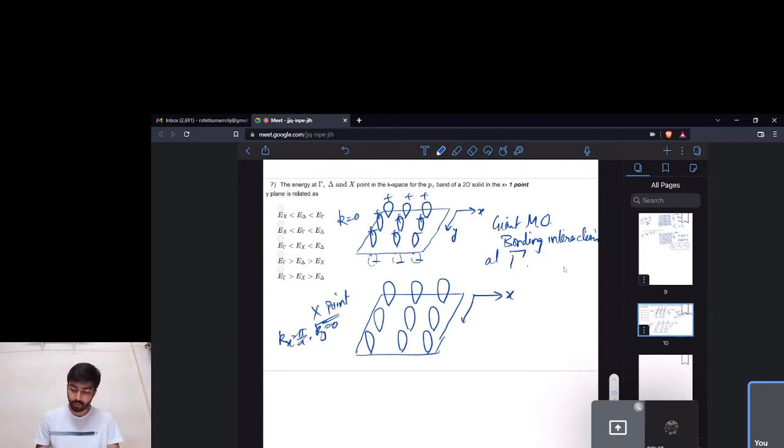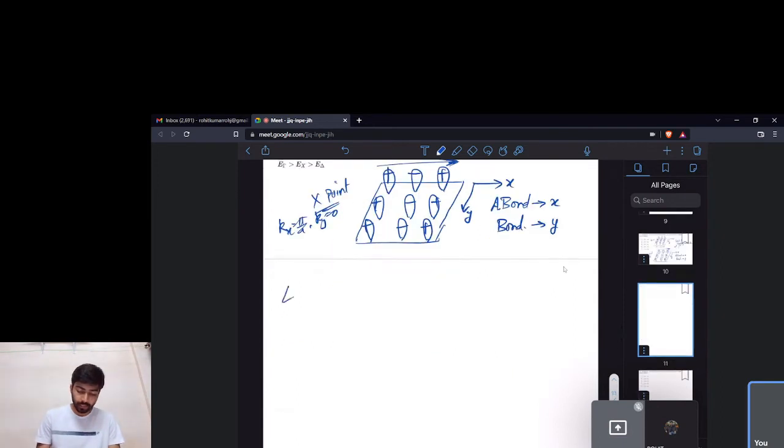This is the x direction, this is y. So in the x direction we will be having anti-bonding interaction, so plus minus plus, but in the y direction we'll be having bonding, minus plus, plus minus plus. So we have anti-bonding in x and bonding in y.